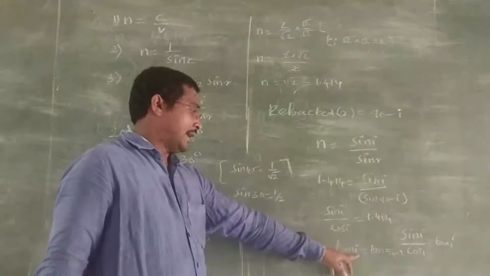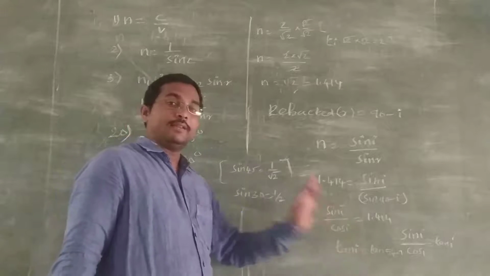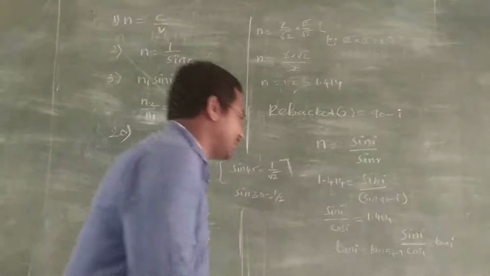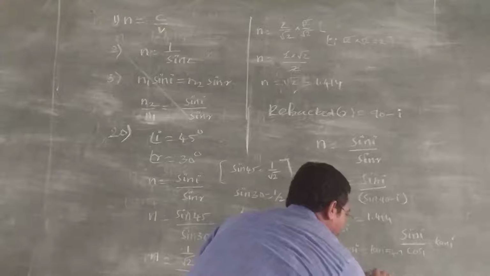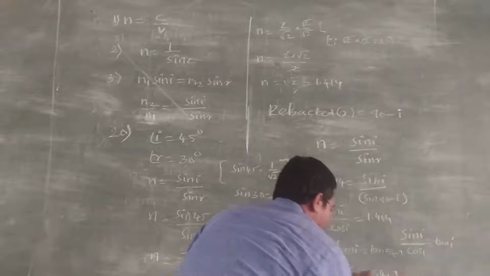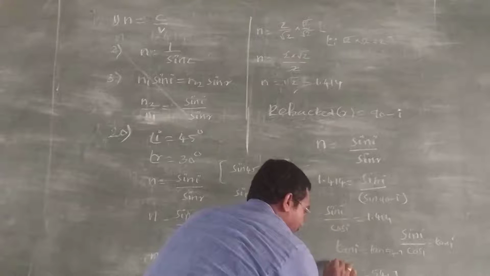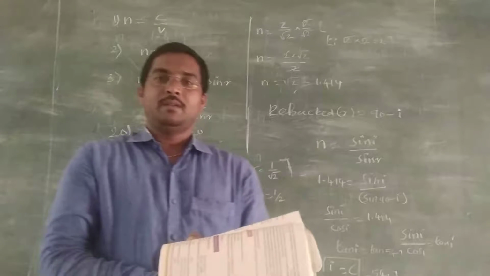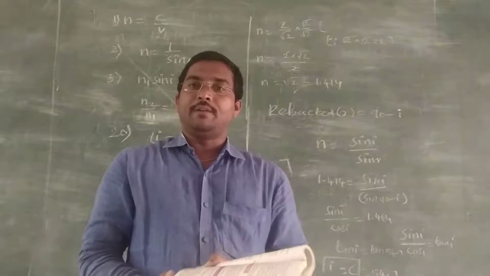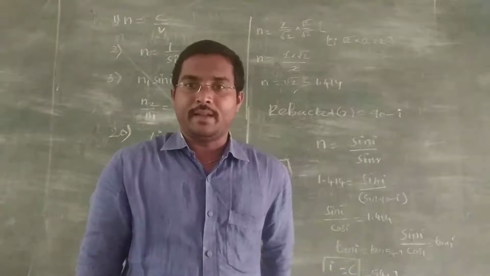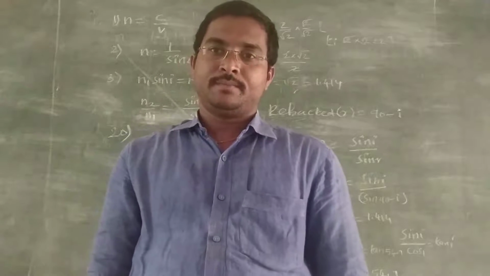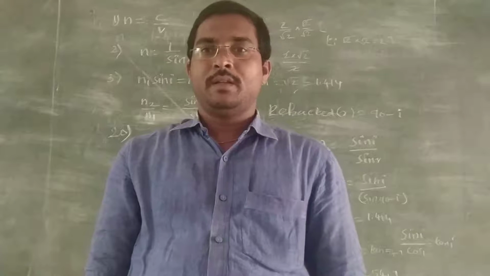Now angle i is equal to the critical angle. Now you can see that C is equal to 54.7. I told you guys, when the angle of the refracted ray is 90, then angle i is equal to the critical angle.